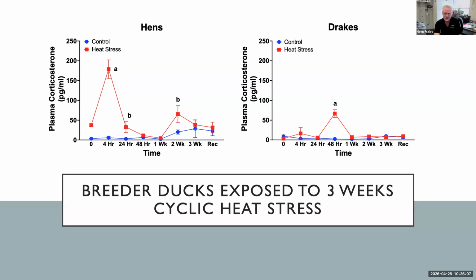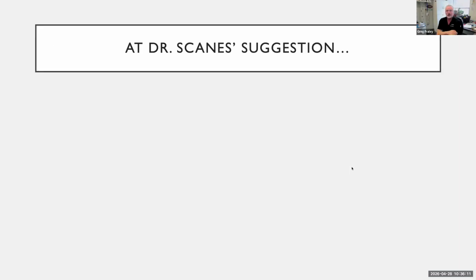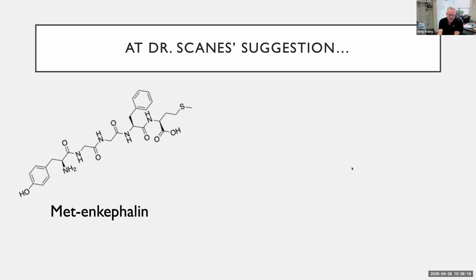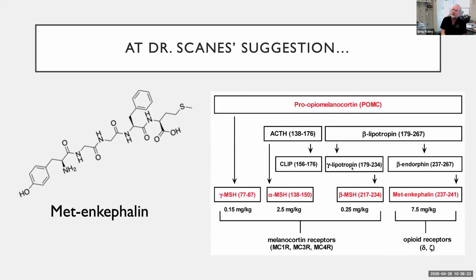The allostatic response. So Colin Scanes and I were talking about this a couple years ago, and he suggested that I start looking at another neurohormone called metenkephalin. Okay, so metenkephalin is one of the body's endogenous opiates in our brain.